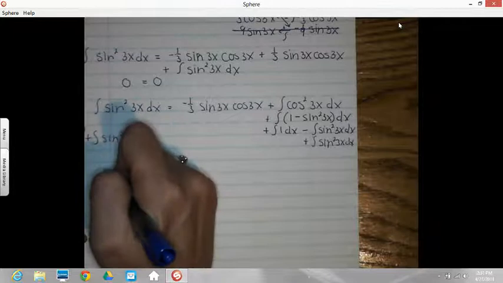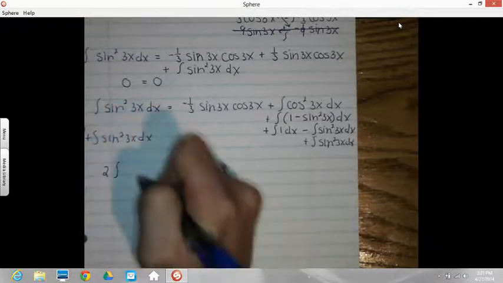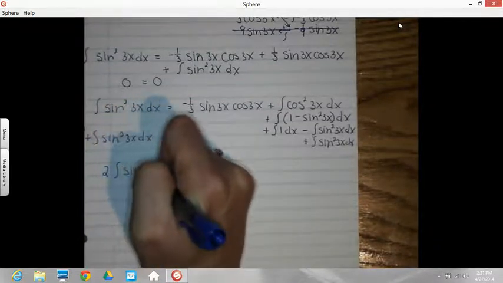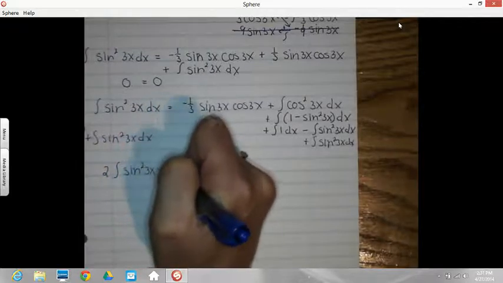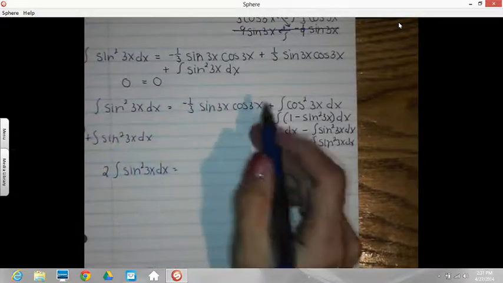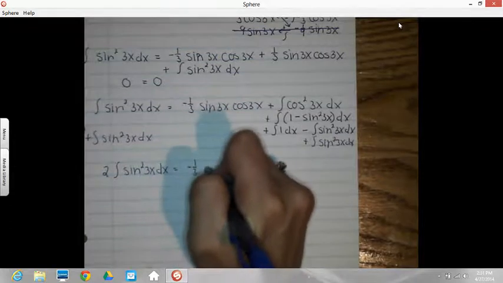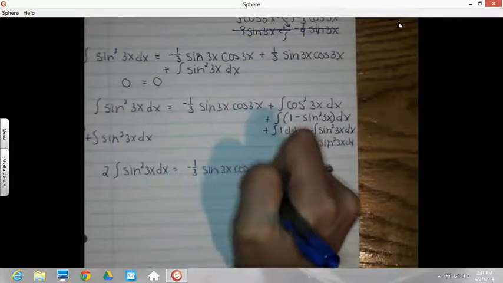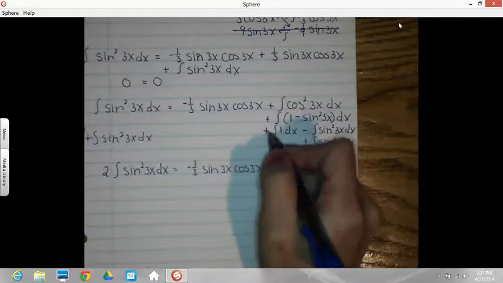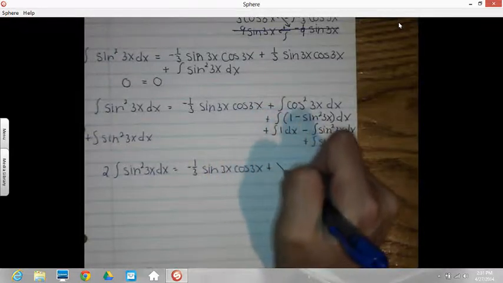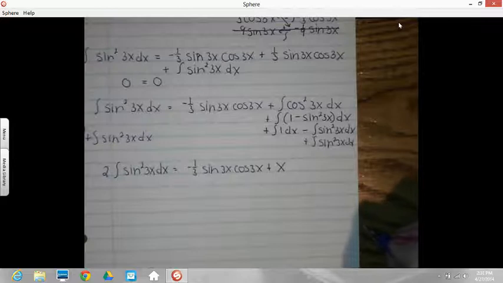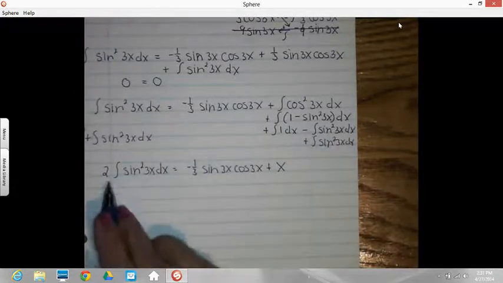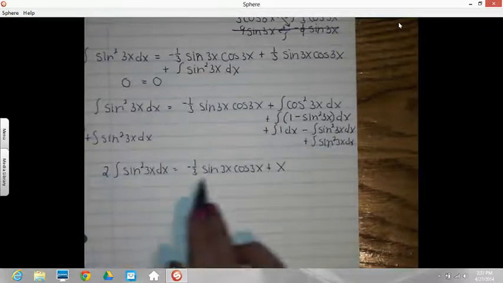So 2 times the integral of sine squared 3x dx equals, I've got this, negative 1/3 sine 3x cosine 3x plus the integral of 1 is x. That's gone. So now all I've got to do is divide 2 or multiply through by a half.